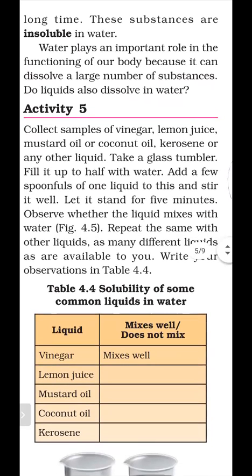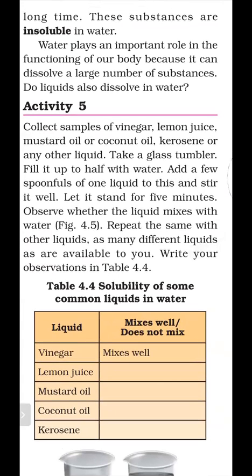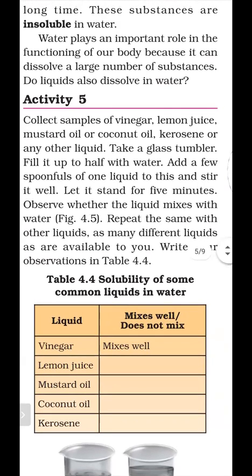Then we take a glass tumbler, fill it up to half with water, and add a few spoonfuls of one liquid to this. So we are taking five samples of liquid. First is vinegar, next is lemon juice, third is mustard oil, fourth is coconut oil, and fifth is kerosene.